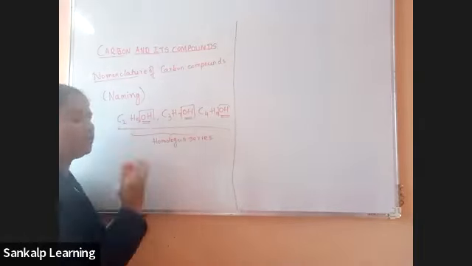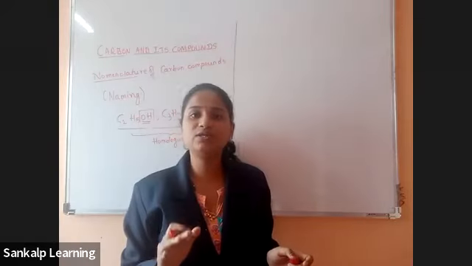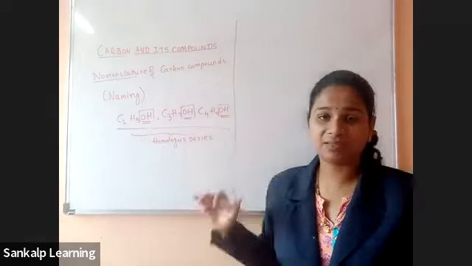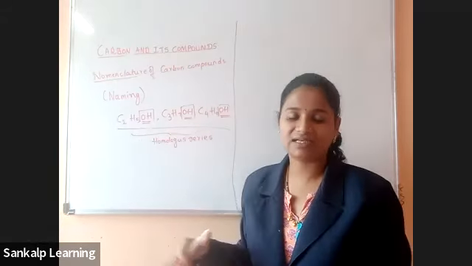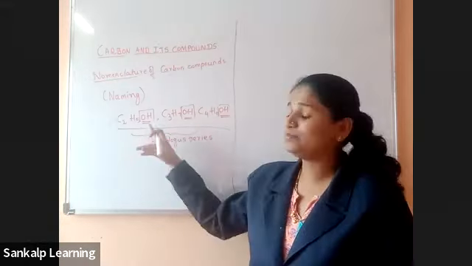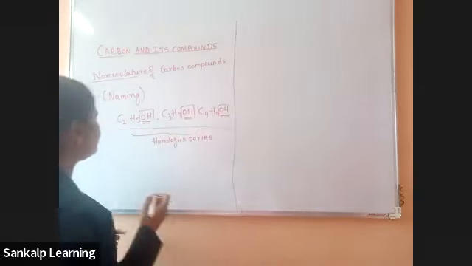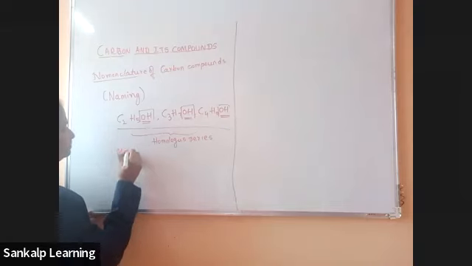In the homologous series, the functional group remains the same, whereas the number of carbon atoms and hydrogen atoms differs. As the number of carbon atoms increases, the molecular mass also increases.